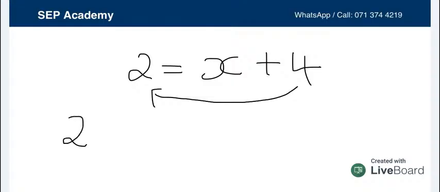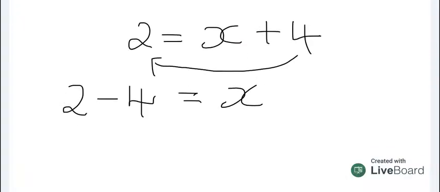That's why you start by writing 2, because it is already there. This one being the visitor, it has to change a sign, and then it becomes negative 4, which is equals to, here it is x that remains. So when you say 2 minus 4, definitely that will be negative 2, which is equals to x.